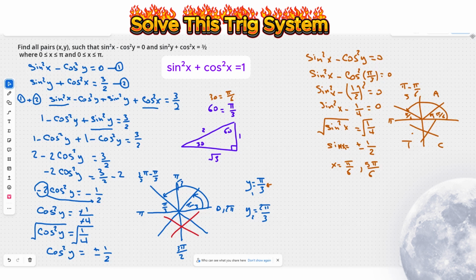And now we're also going to work with the other y solution, which is 2 pi over 3. So we're going to write sin squared x minus cos squared 2 pi over 3 equals 0.